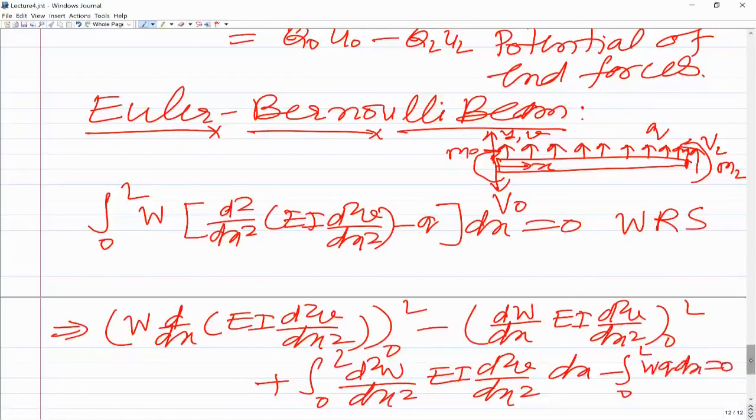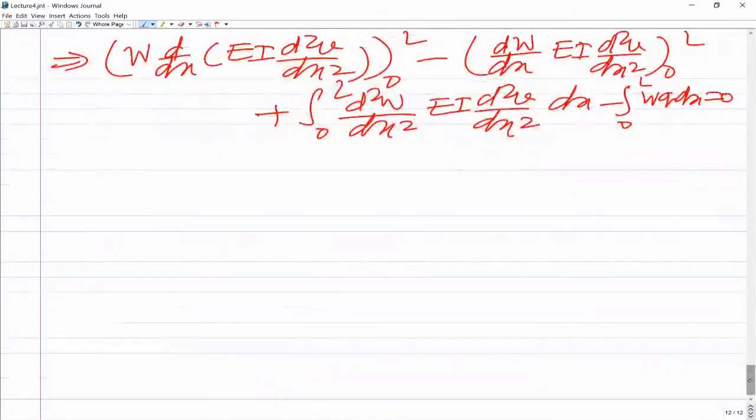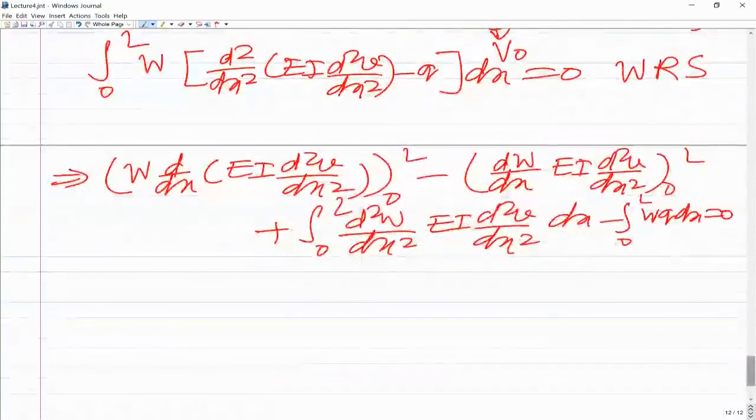So this is the weak form. We have already derived this, and we have also used it for finding the approximate analytical solution.